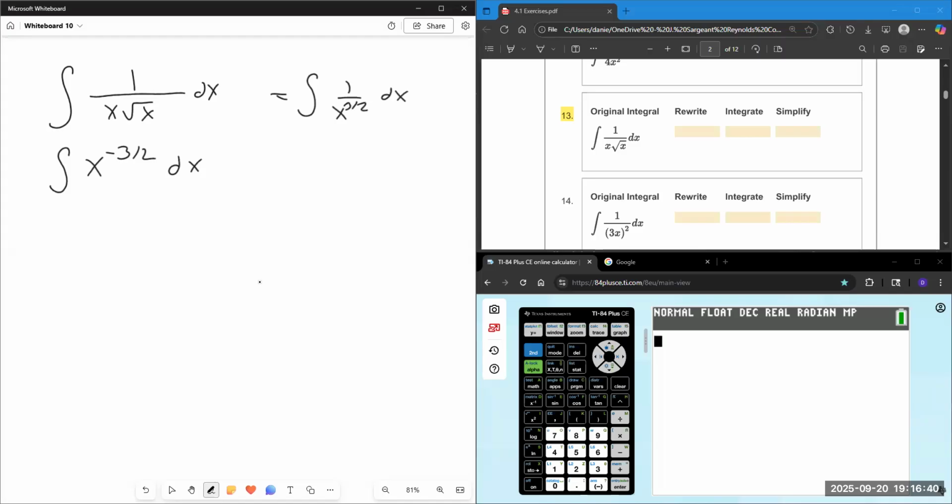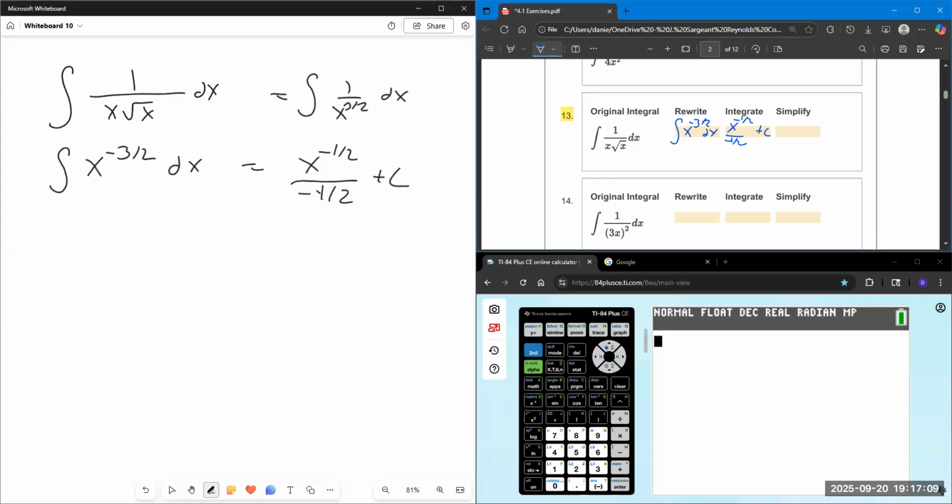Then we're going to integrate. This is our first box here. Rewrite as x to the negative 3/2 dx. Integrate, and that will be x to the negative 1/2 divided by negative 1/2. So plus c, x to the negative 1/2 over negative 1/2 plus c.